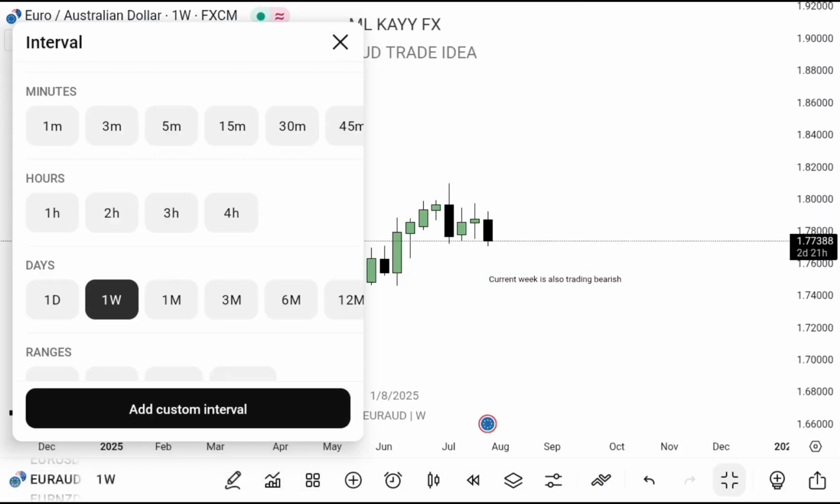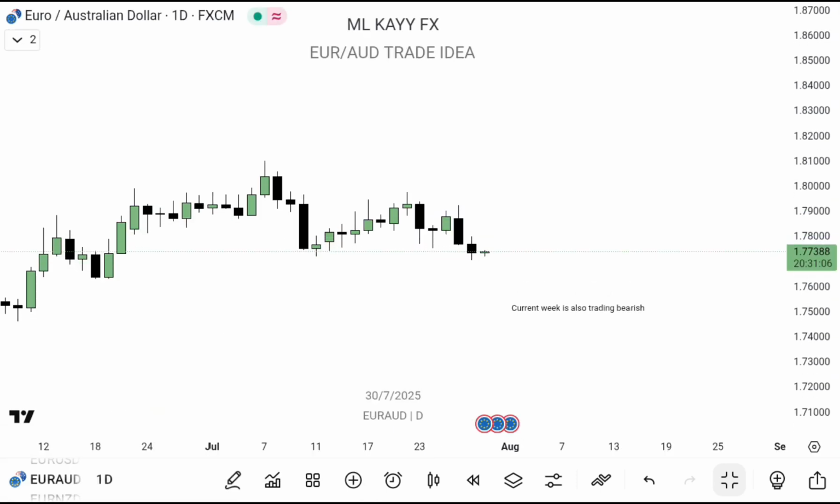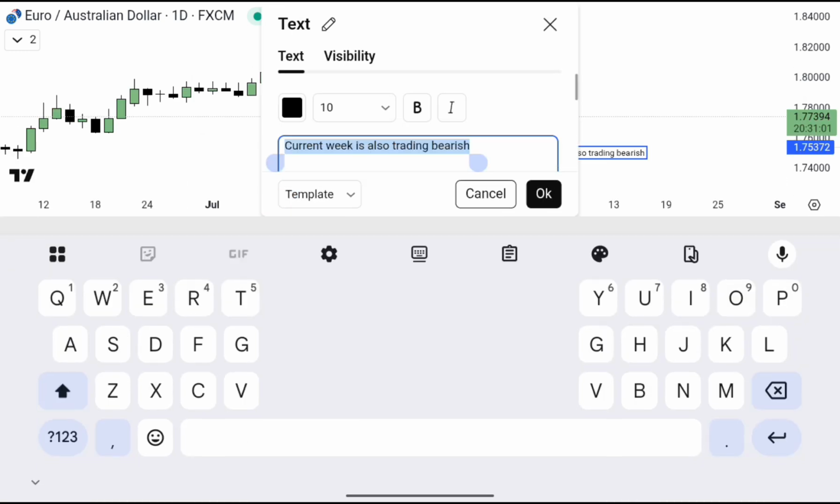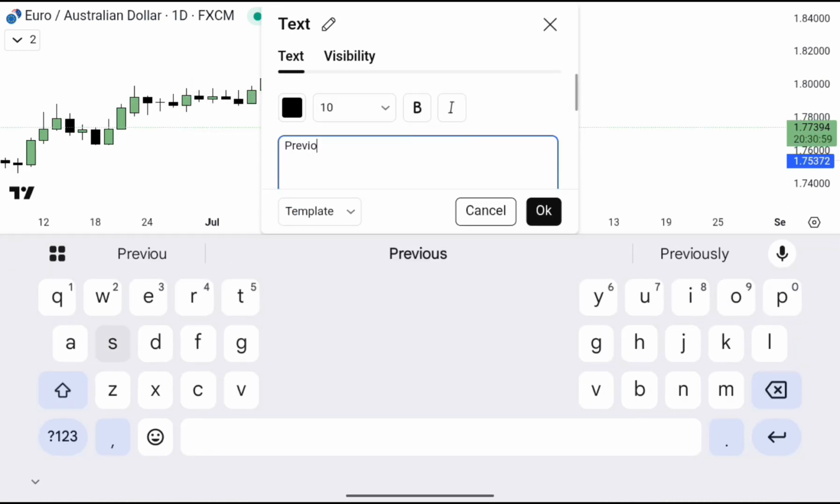Now, after we see that our current week is bearish, we are going to go to our previous day. This analysis was done on Tuesday, so the previous day is Monday.